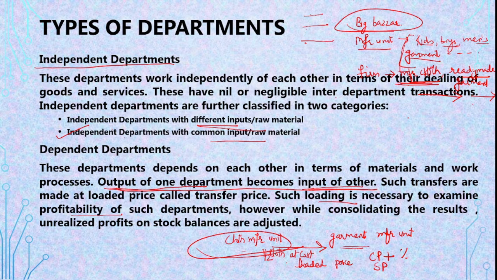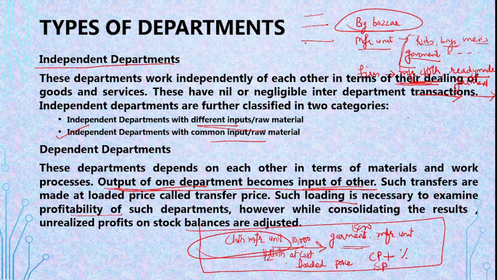But in order to understand or determine the overall profitability, that is when the units are combined, this loading needs to be cancelled. Suppose you transferred cloth manufactured at a cost of 10,000 to this garment factory at 15,000. Because the garment factory, if it wants to buy cloth from some outside unit, will have to pay 15,000.